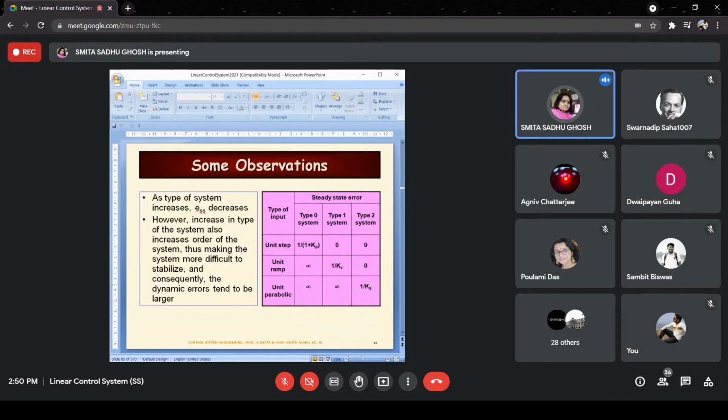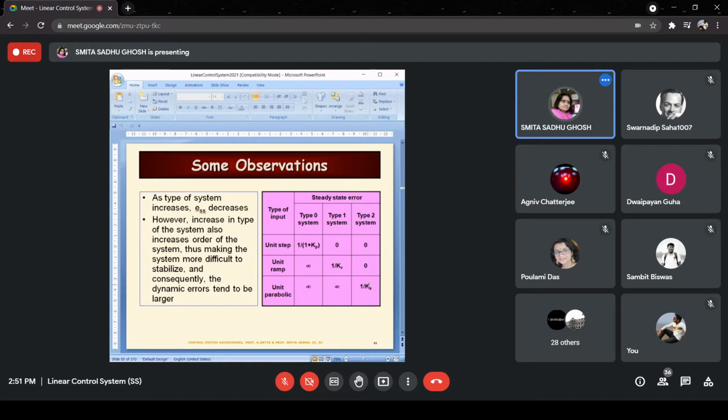Now, yes, that is definitely correct in the sense that if you go for systems of higher types, the steady state error is definitely going to be smaller for the same input. Fine. But if from there you try to conclude that, okay, then I'll design systems which have higher type, then you are grossly mistaken.